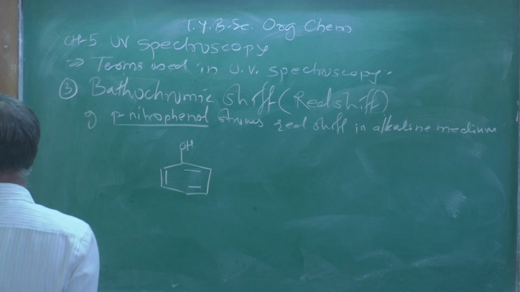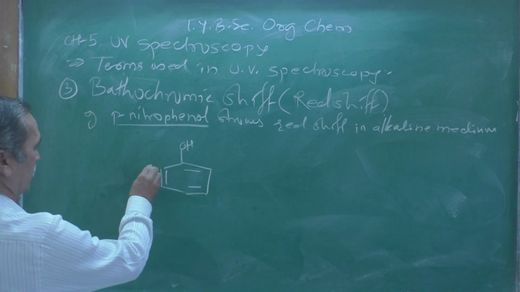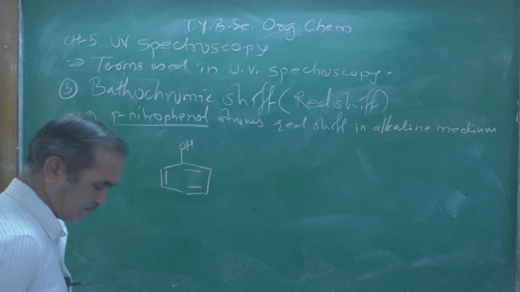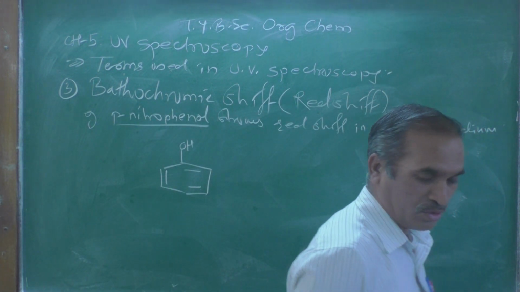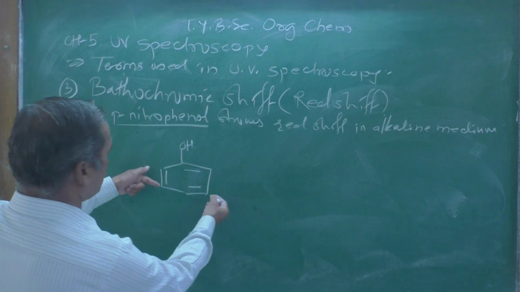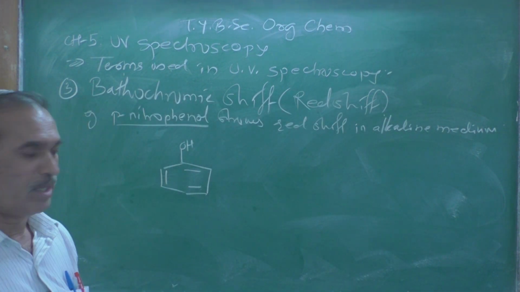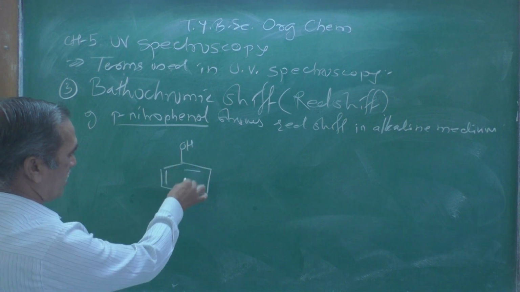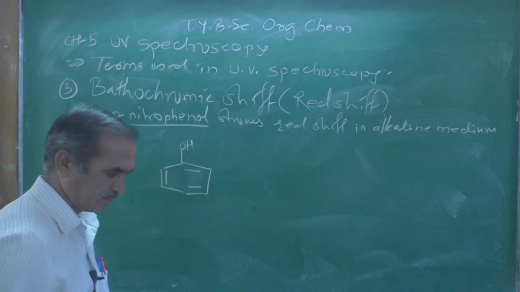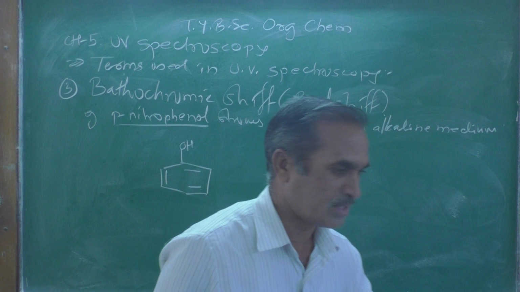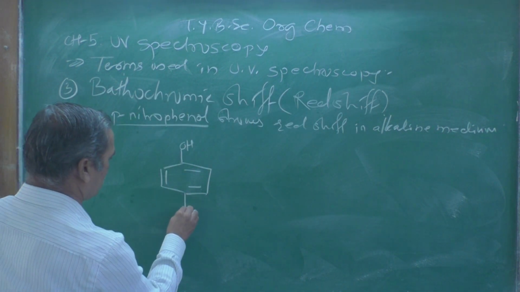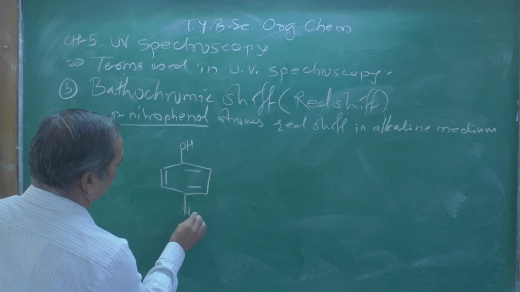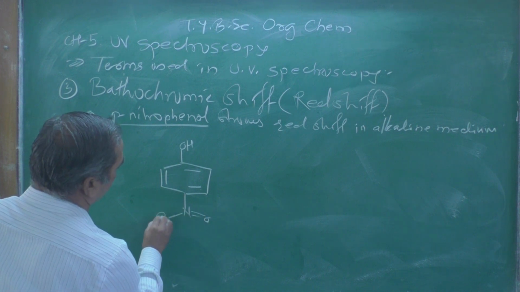As we know that this is a phenol, the adjacent two positions are ortho positions. These two positions are meta positions, and exactly opposite to this substituent is the para position, and therefore at this position you can show that nitro group.